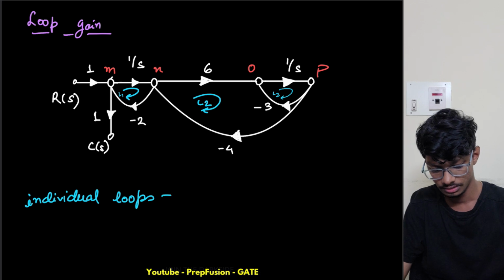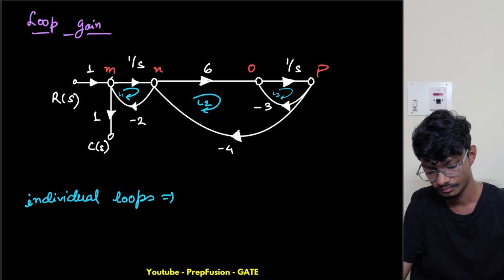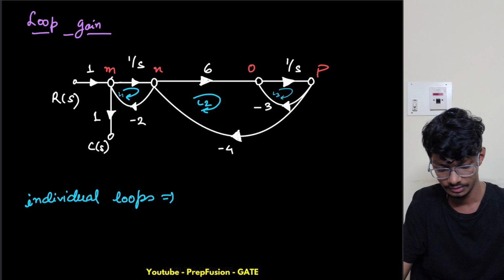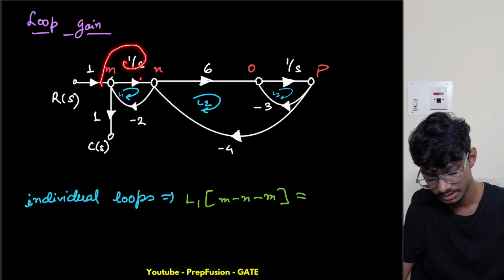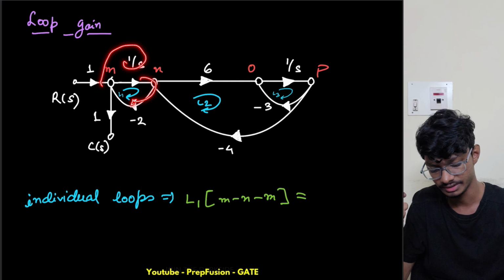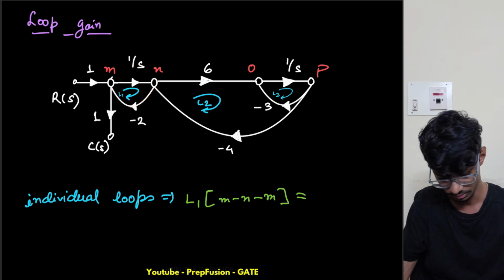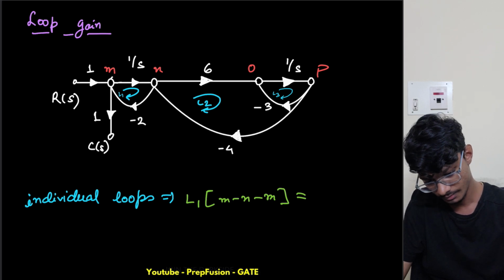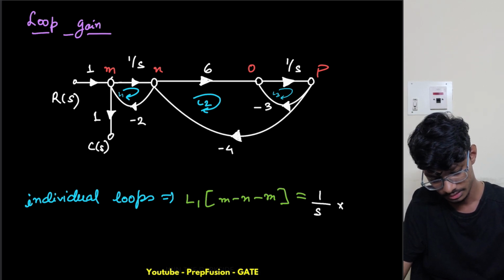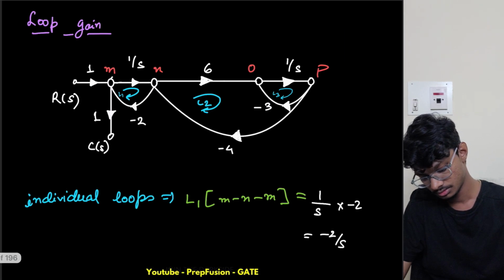So what are the individual loops? L1 is M, N and then again M, right? So what is the gain from here? 1 by S, then minus 2, and we reach our starting point. So 1 by S times minus 2 by S. Next ones I will write a bit quicker.